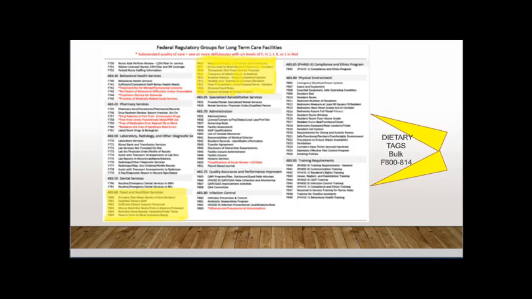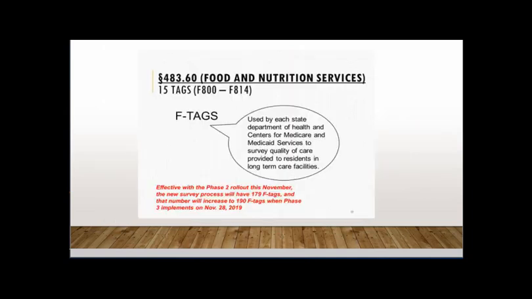We have now evolved, and we are now being referred to in the world of CMS. They did a relabeling, so now we are the Food and Nutrition Services. Our grouping came under 483.60, which is the actual regulatory language, and we have 15 tags that go with that, from F800 to F814.